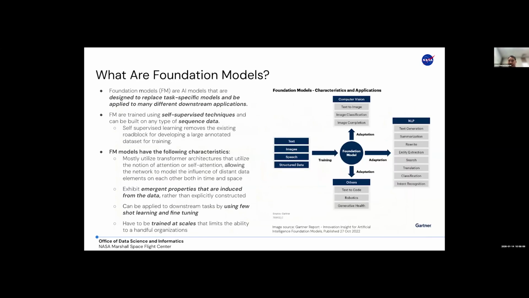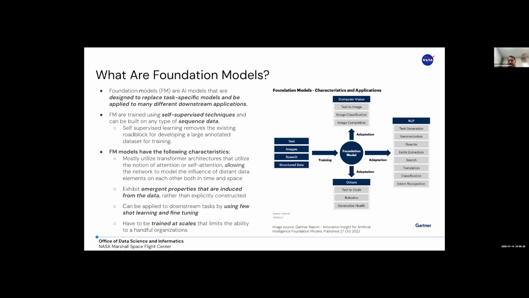So just a very high level overview of what a foundation model is. Basically, the idea is can we replace the bespoke AI models that we build with general purpose models on high value NASA scientific data sets, so that it's easier for people to take that model and adapt it for their end use cases. They require less labeled data and less compute.